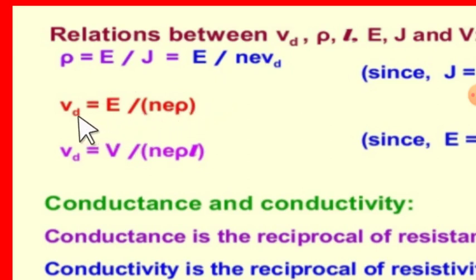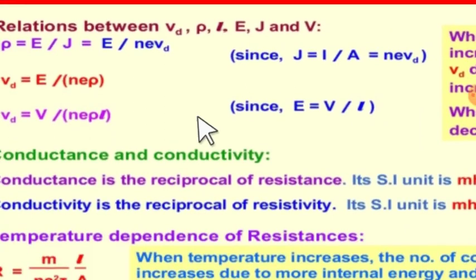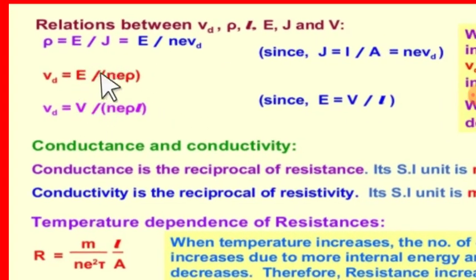Same is the case with drift velocity. Drift velocity is equal to E divided by ne rho. You can express it in this way also. The reasons are all given here. Drift velocity is equal to E by ne rho, right?